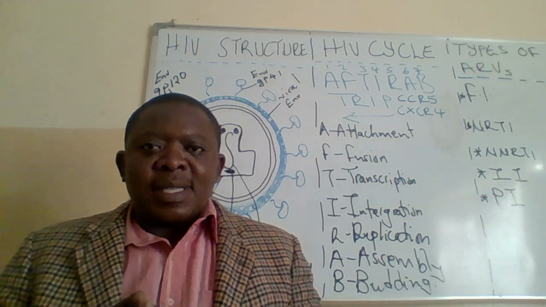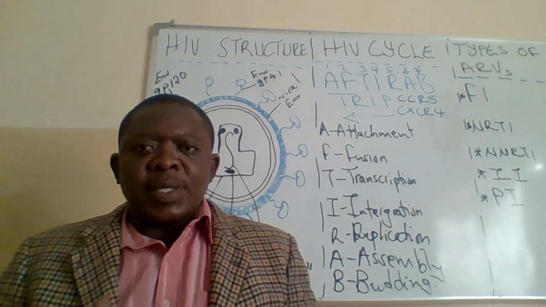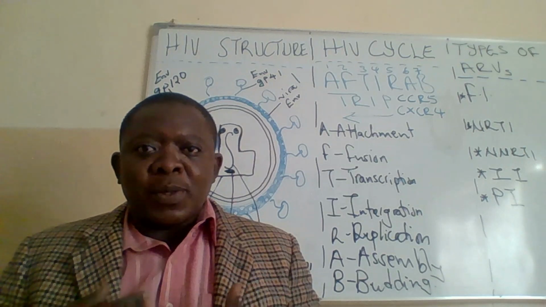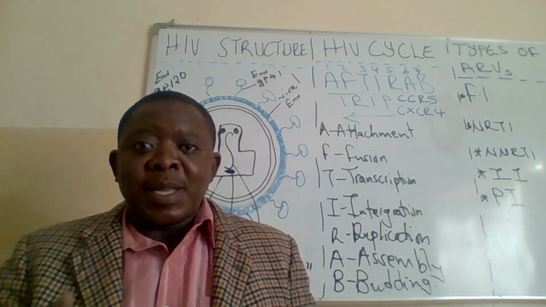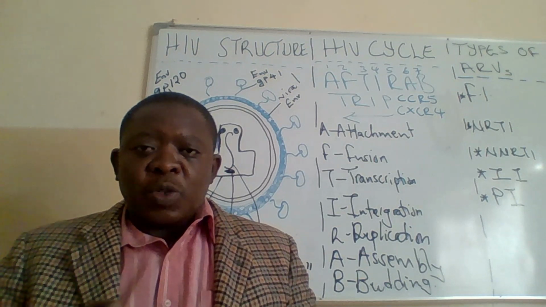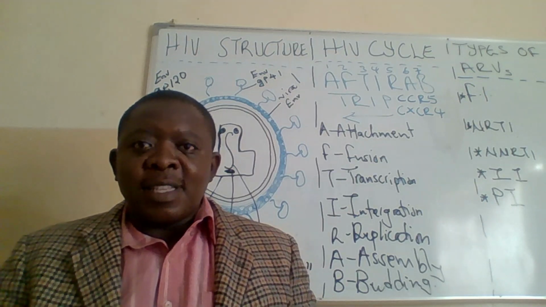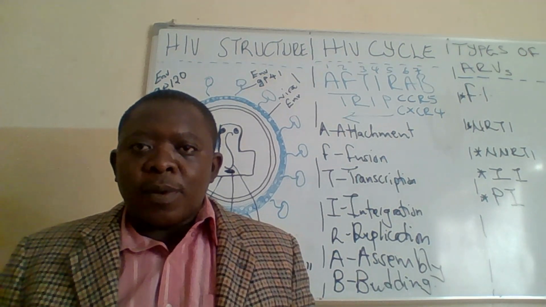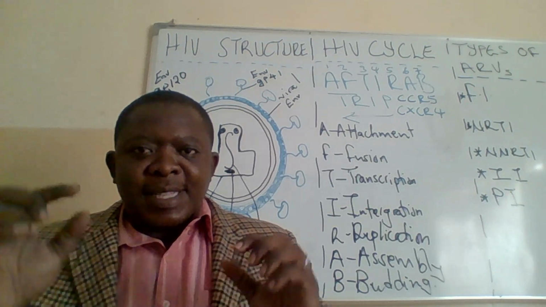You have to mention the roles these things are playing so that I, as your mentor needing feedback, understand that you got something from this. GP 120 binds to CD4 receptors. When it binds, the core receptors, CCR5 and CXCR4, help with further binding and confirmation so that the virus can find a safe haven.